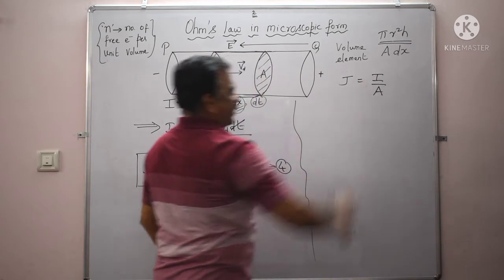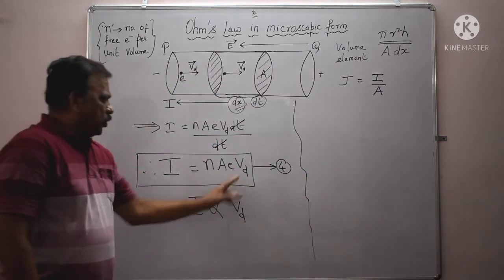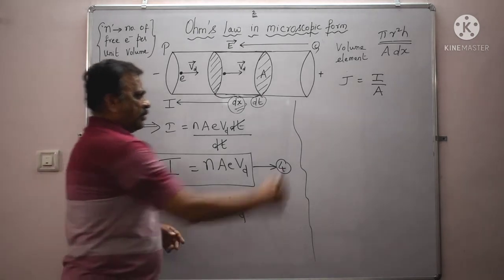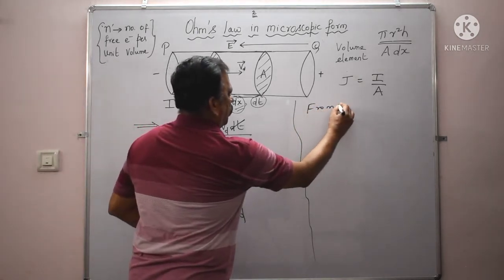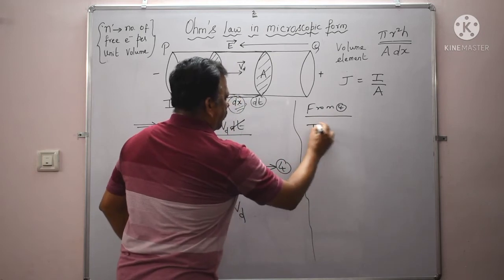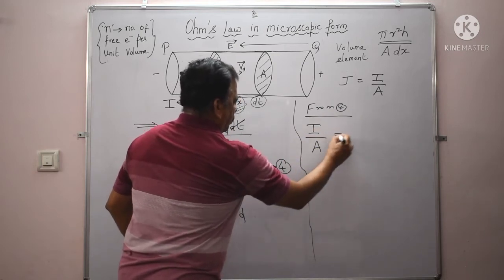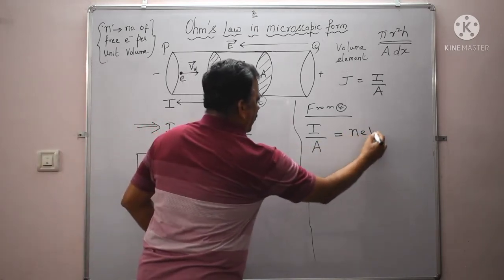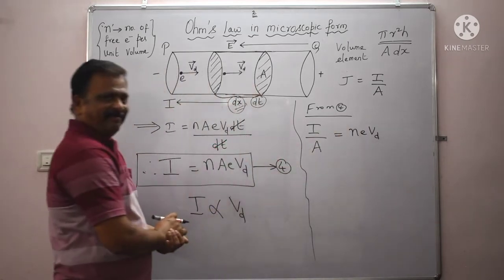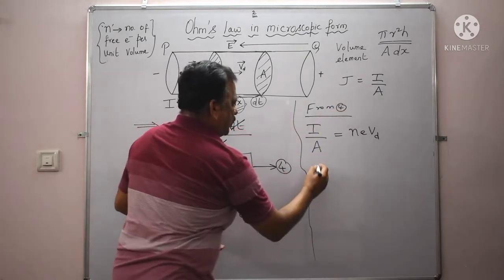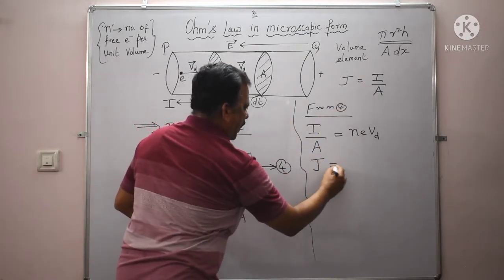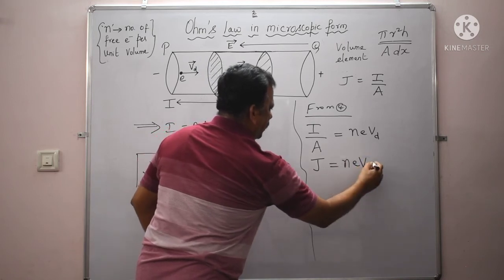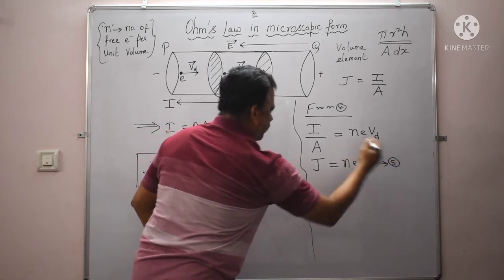So rearrange equation 4, taking A to the left hand side, I get I divided by A is equal to n into e into v sub d. I by A is nothing but current density J. So J equals n into e into v sub d. This is expression number 5.